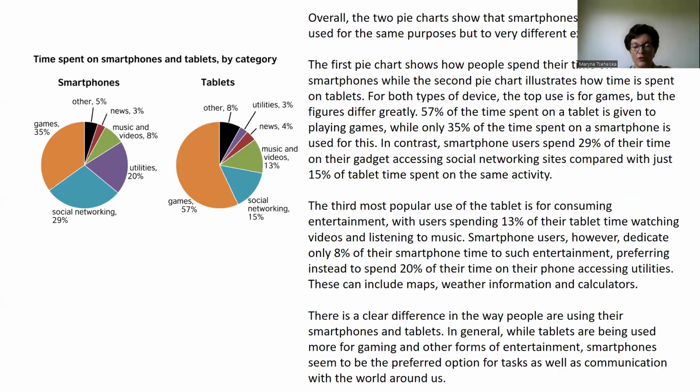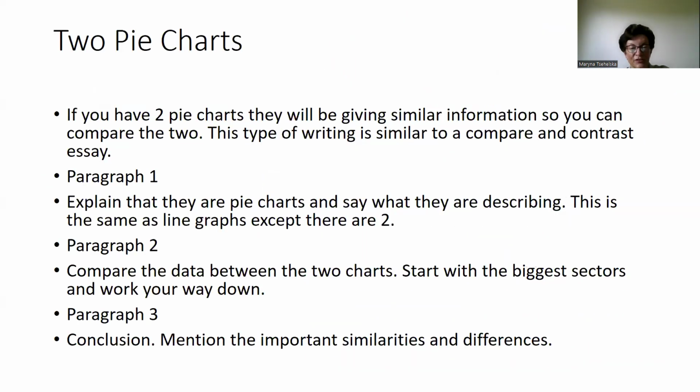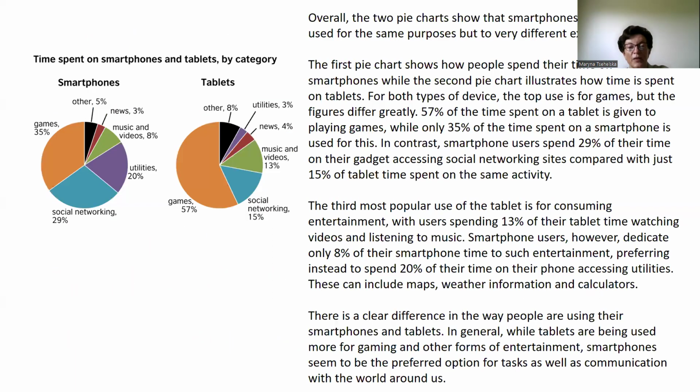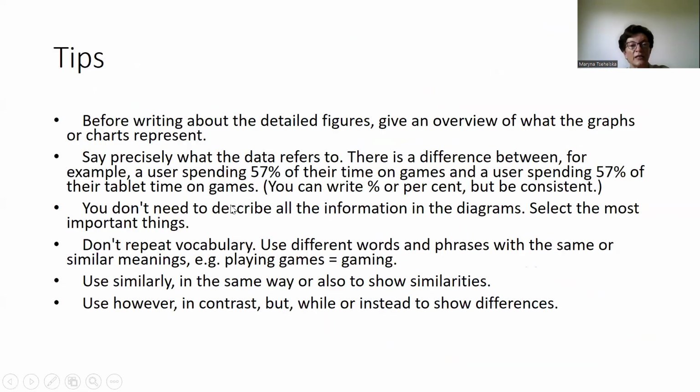But you remember that we use not only the proportions that are shown in the chart, but we try to paraphrase it. Very often pie charts are presented in two, and they show how people spend time in, for example, this year or in the other year, what people bought, how people bought smartphones and tablets, or it can compare very different things, sales, periods of time, tendencies, and so on.